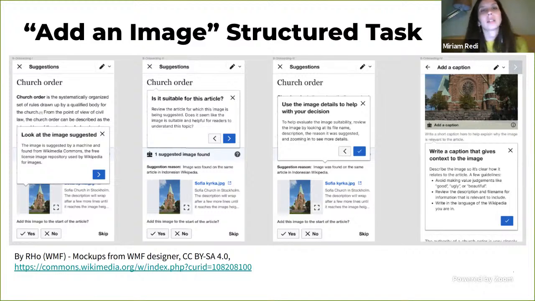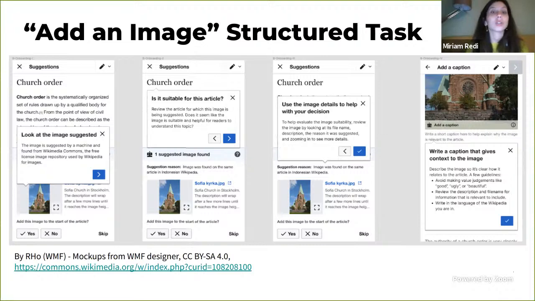This is a new task that basically will help newcomers add images and their captions to Wikipedia articles. Basically, a newcomer will be presented with an unillustrated article and a possible image match for that article. They will have to say whether the image match is good or not for the article, and then they will be invited to add a proper caption.